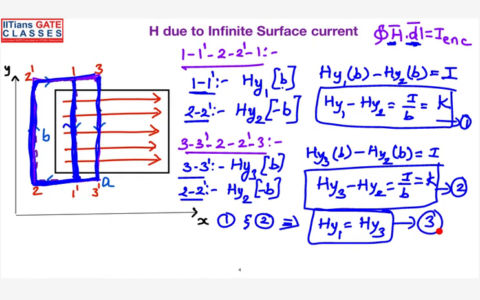1 to 1 prime means when you are moving from 1 to 1 prime, are you near to the source or far away from the source? You can answer.